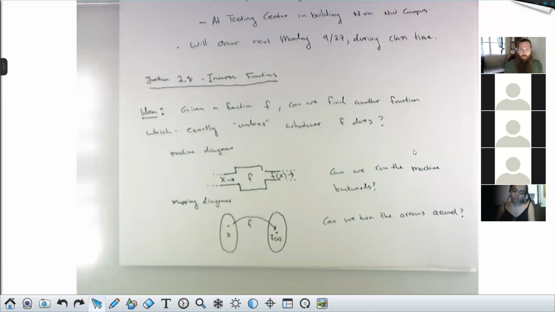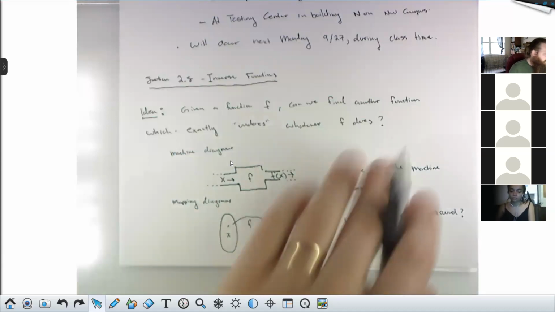No. So it would be hard for me to run that can logo machine backwards the other way, right? That would be a real challenge because in my outputs, there's nothing to tell me which output came from which input. In terms of mapping diagrams, this problem can be illustrated quite literally.